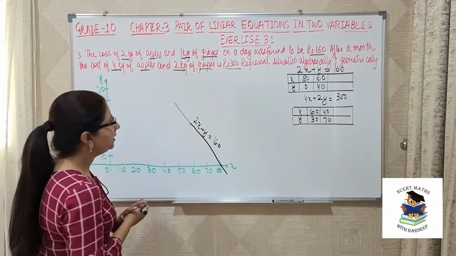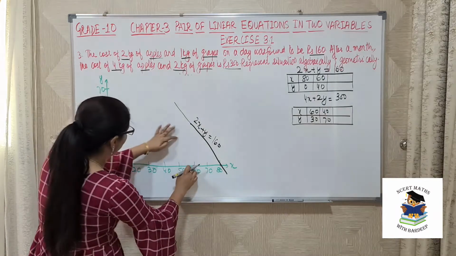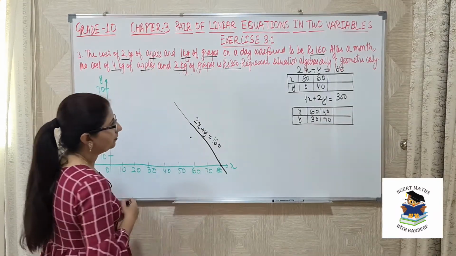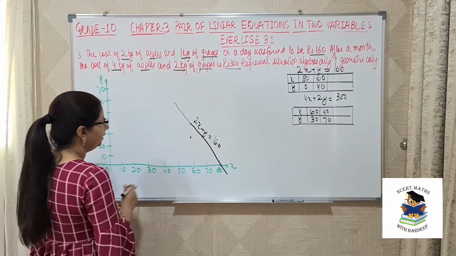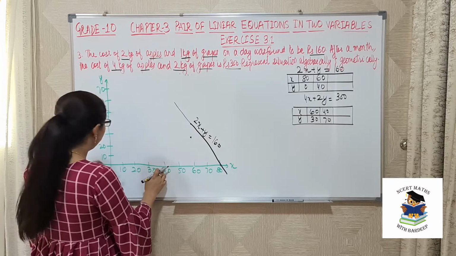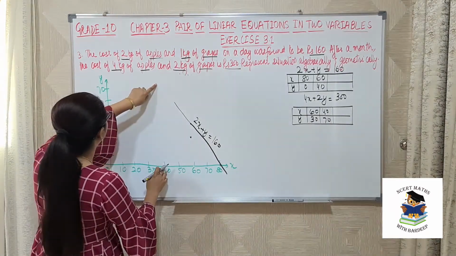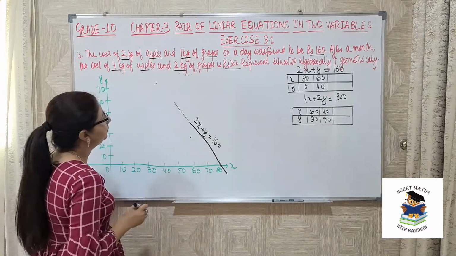Okay. Second is x 60 and y 30. X is 60, y is 30. So somewhere here. Then it is x is 40. Okay, and y is 70. So corresponding to this, somewhere here.